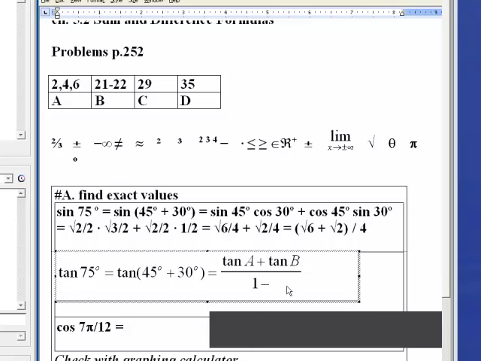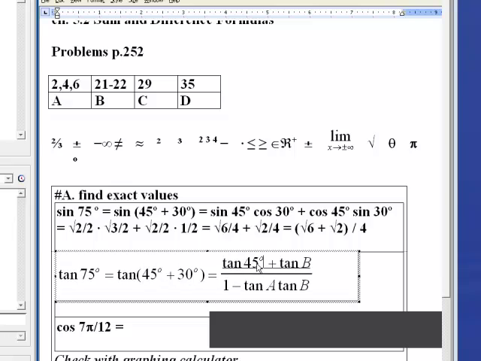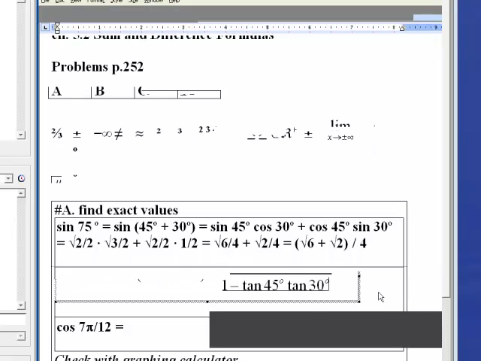So it's going to be 1 minus tangent A, tangent B. And now I'm going to plug in these numbers. 45 degrees right there, 45 degrees right there. That's 30 degrees right there, and that is also 30 degrees right there. Okay.